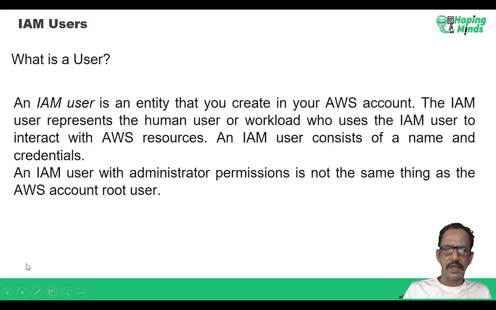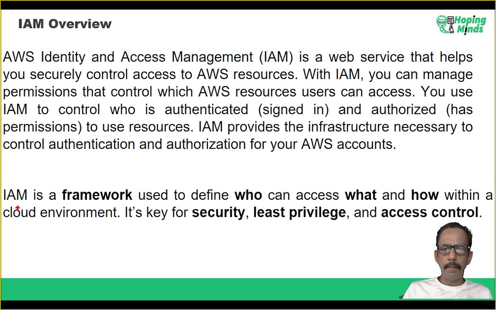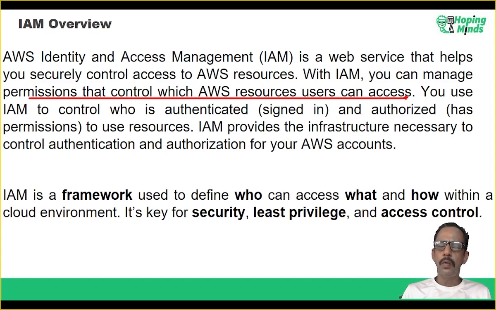So what we say in the beginning, with IAM, you can manage the permission that controls which AWS resource a user can access. So if we give the permission only with the EC2, that user will only be able to use the EC2 resources.